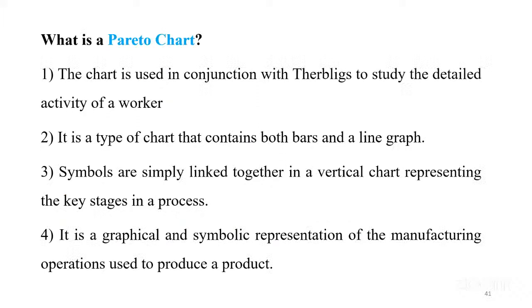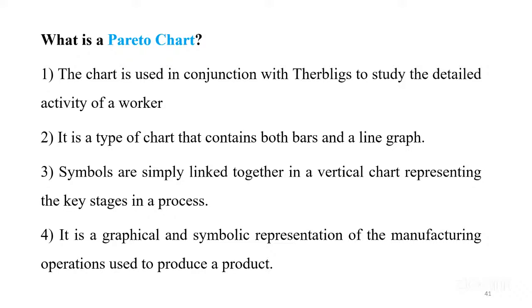Then we have, what is a Pareto chart? Option 1, the chart is used in conjunction with thumb links to study the detailed activity of a worker. Option 2, it is a type of chart that contains both bars and lines.